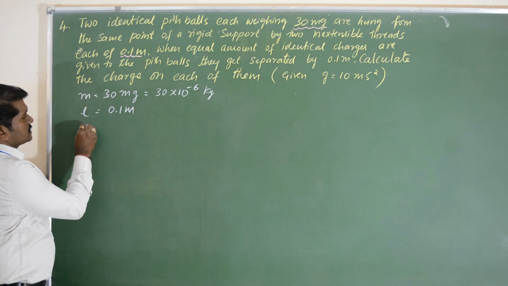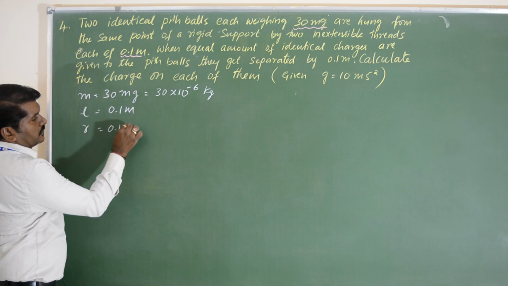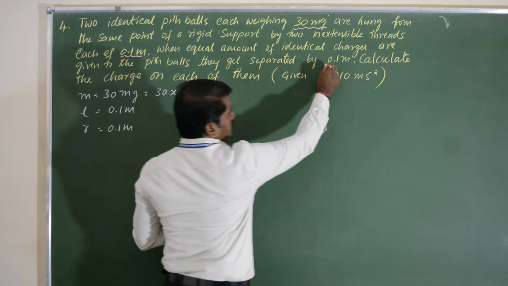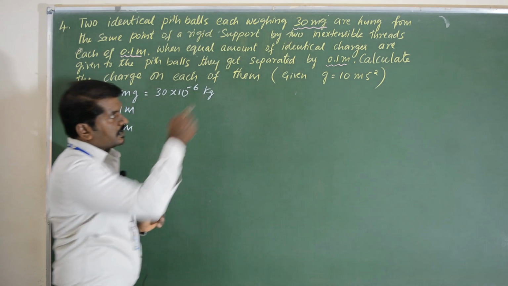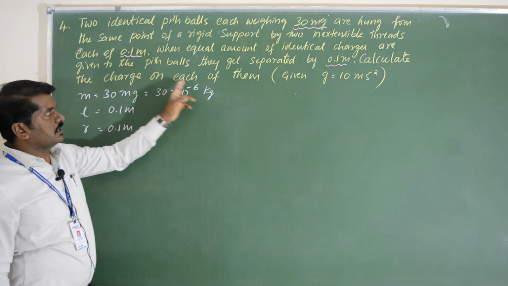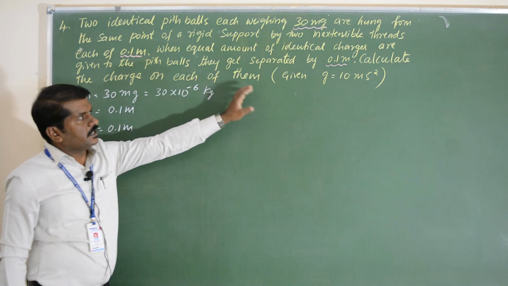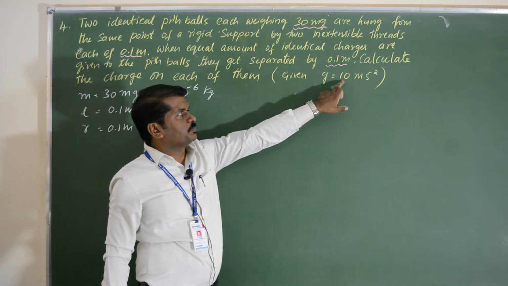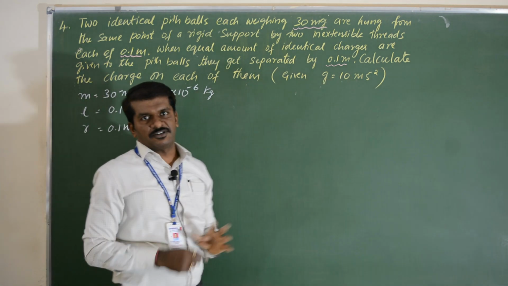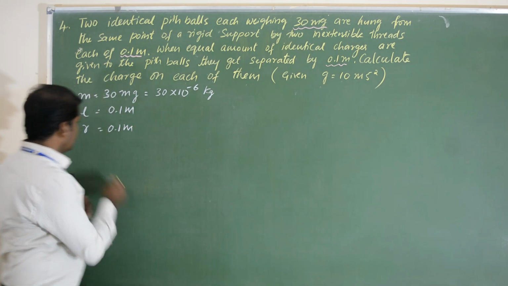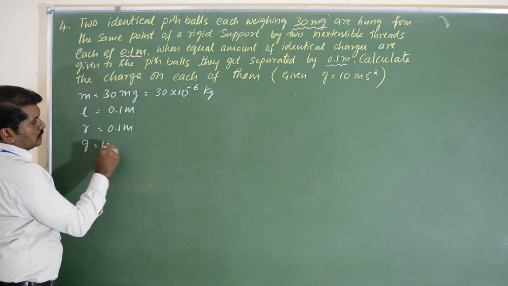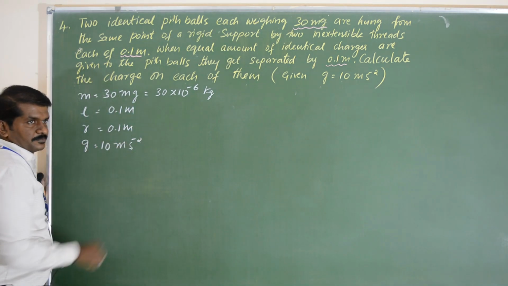When equal amounts of identical charges are given to the pith balls, they get separated by 0.1 meter. So I'll take that as r, that is equal to 0.1 meter. This is also the data they have given. Calculate the charge on each of them, and they have given g is equal to 10 meter per second square.